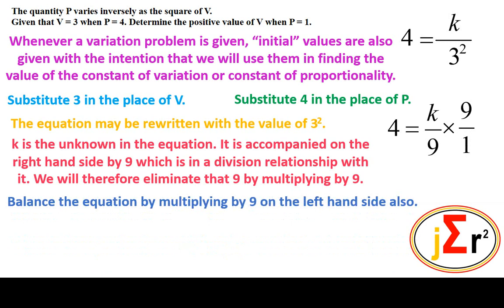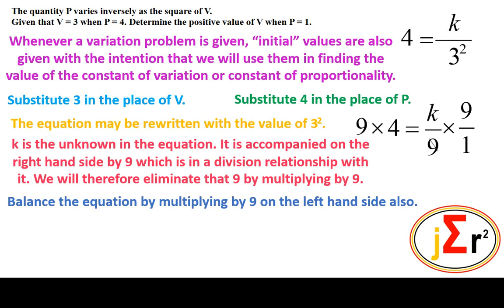Also, what we do to one side of an equation to change its value must be done to the other side in order to change its value in the same way. And that is known as balancing the equation. So we multiply the right hand side by 9, and we need to do the same on the left hand side. Balance the equation by multiplying by 9 on the left hand side also.